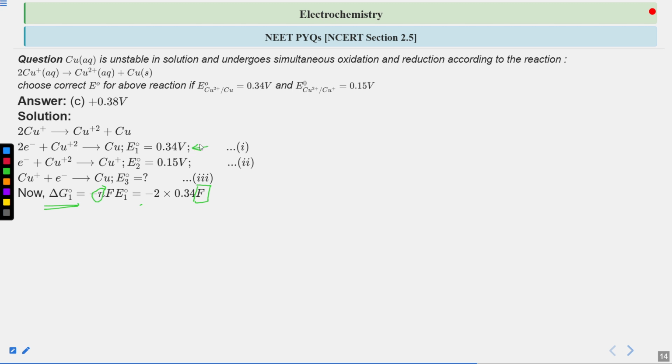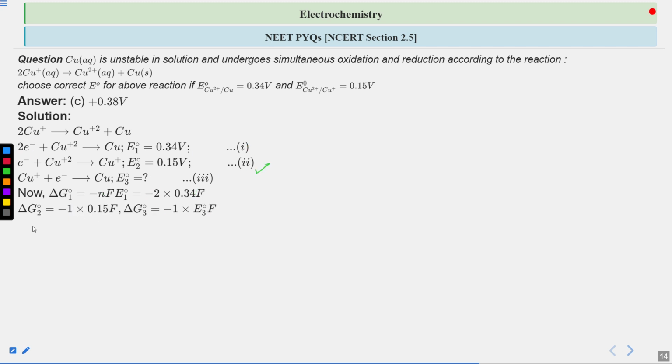So for the first reaction, delta G1 naught equals minus nFE1 naught. n is 2 because 2 electrons are involved in this reaction. So n is 2, minus is already present, multiplied by E1 naught, which is 0.34 volt, multiplied by Faraday. Faraday has a constant value, that's why we are writing it as F.